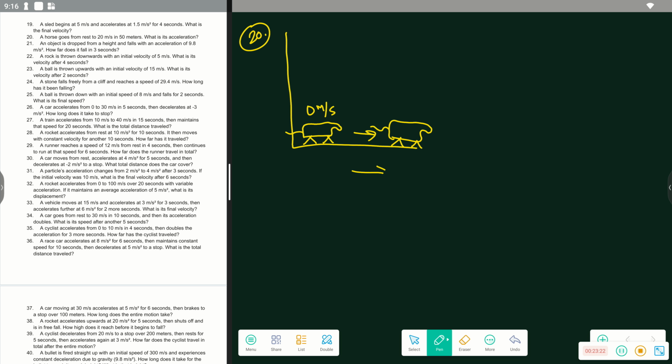The acceleration is positive. The distance is positive, in fact it's 50 meters. We're not given the time, and we know that the final velocity is 20 meters per second. So we have to find the acceleration. No time given.